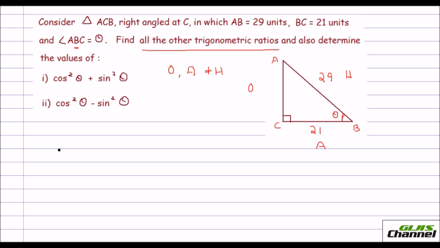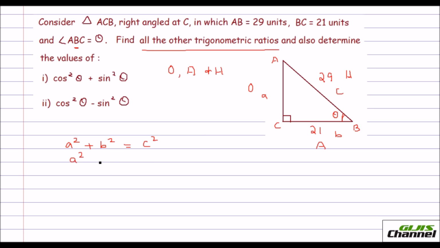Using the Pythagoras theorem, you know a square plus b square is equal to the longest side square, that is c square. Let's take this as a, this one as b and this longest side as c. Since you don't know a, let's keep a square here.